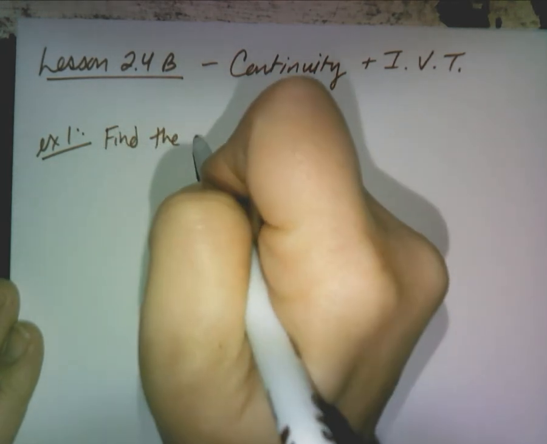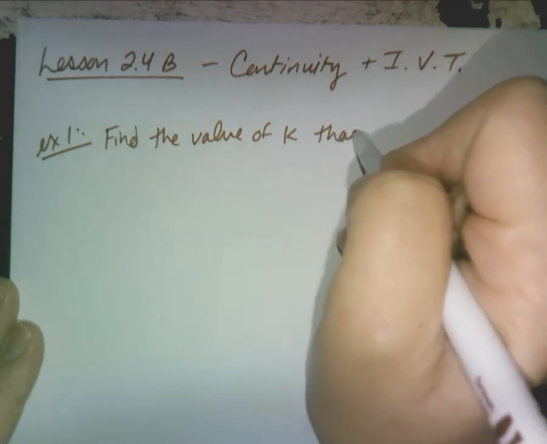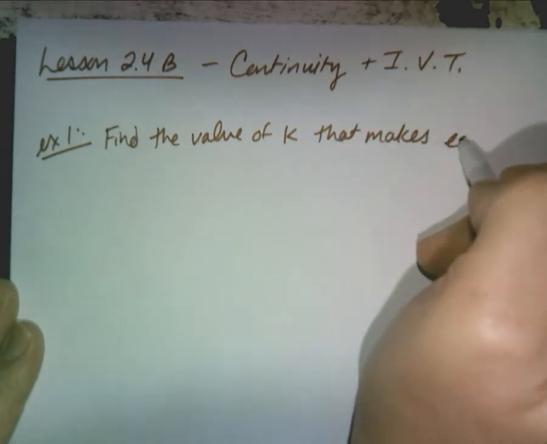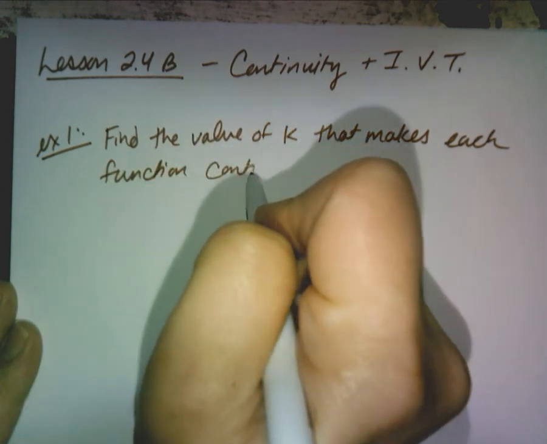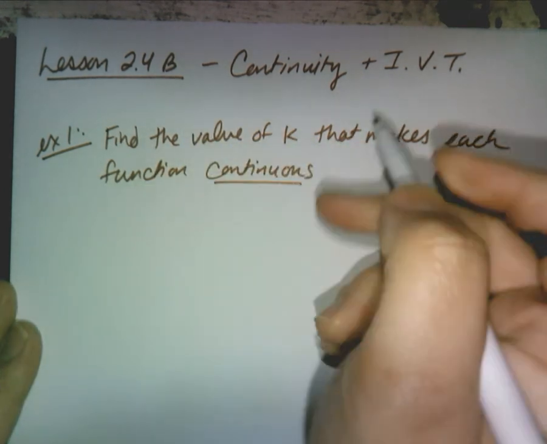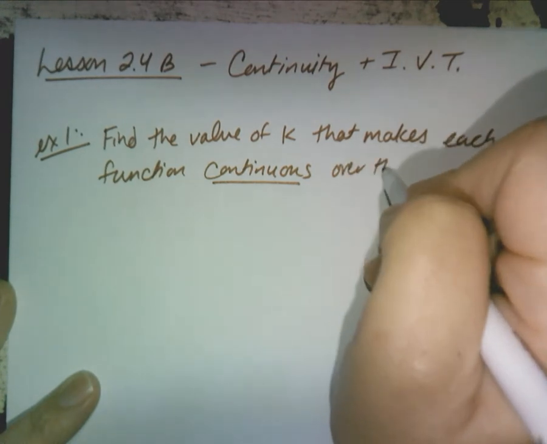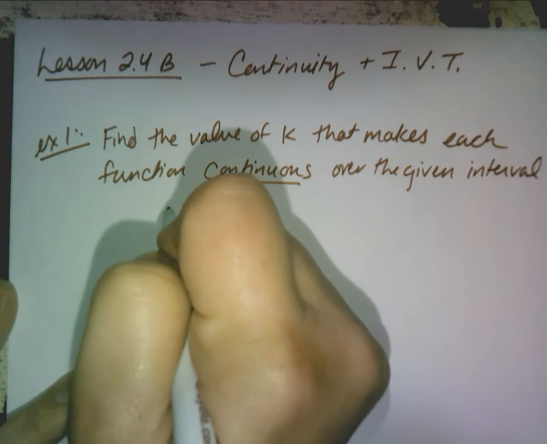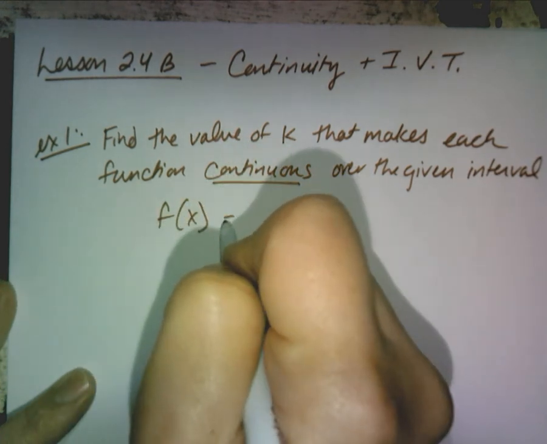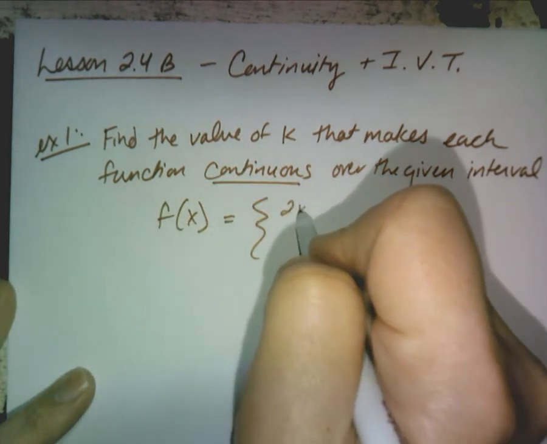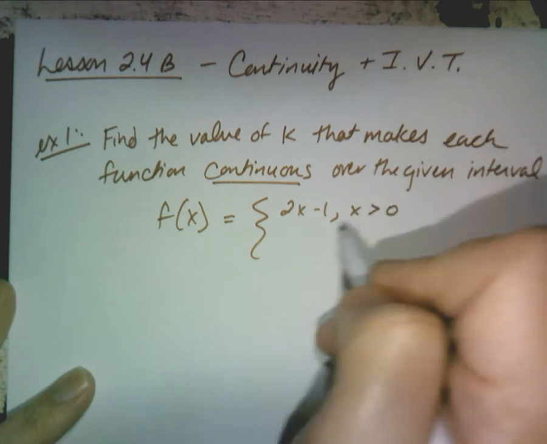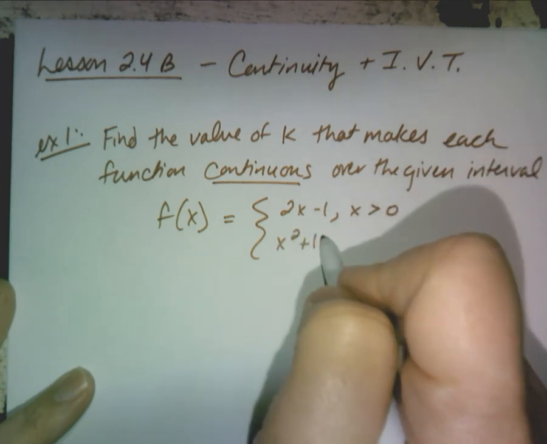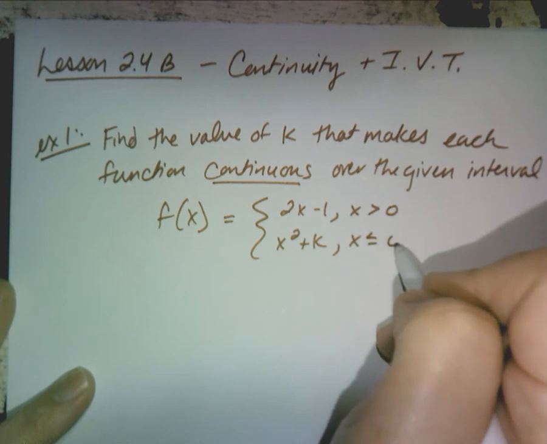So the example says, find the value of k that makes each function continuous over the given interval. f of x equals 2x minus 1 for x is greater than 0, and x squared plus k for x is less than or equal to 0.